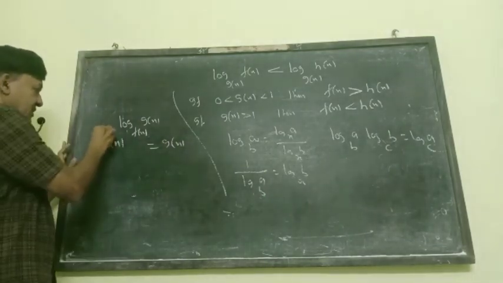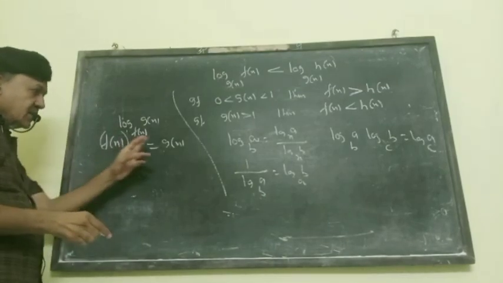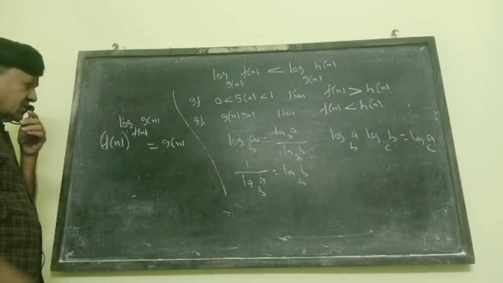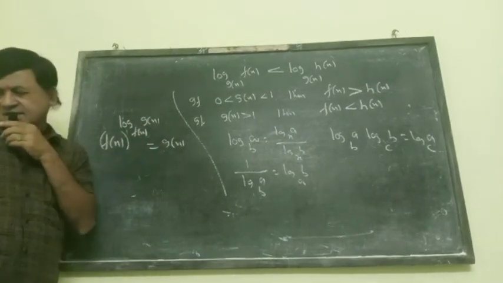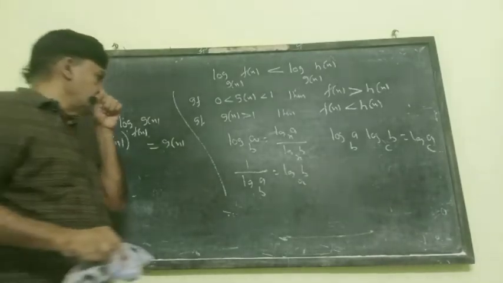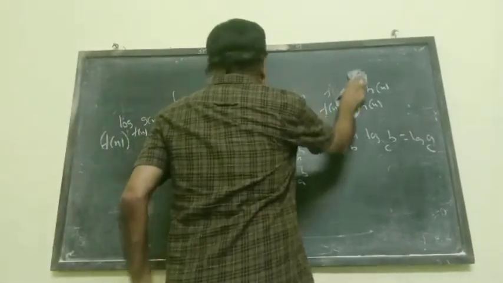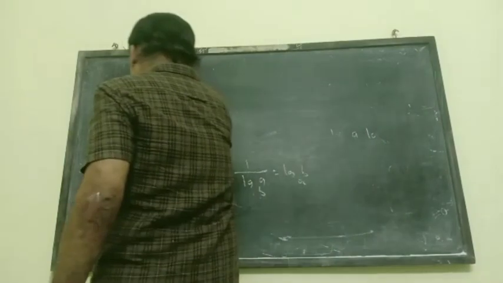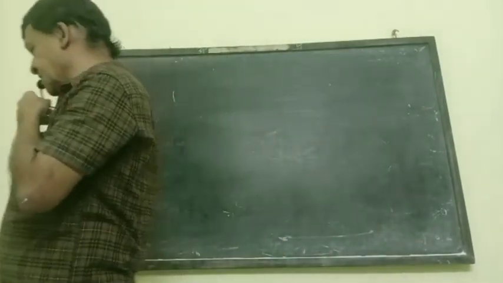F of x to the power of log g of x to base f of x is equal to g of x. See, this can be easily proved. You take log on both sides, you will get LHS is equal to RHS. So these are the main points as far as logarithms are concerned.